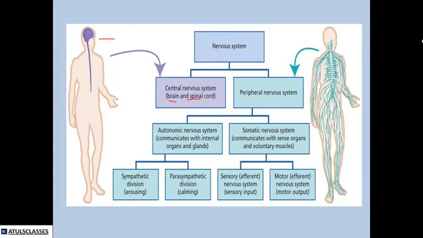Then we have the somatic nervous system. As the name suggests, it is responsible for the parts that communicate with sense organs and voluntary muscles. So somatic means voluntary muscles connected by these sense organs.